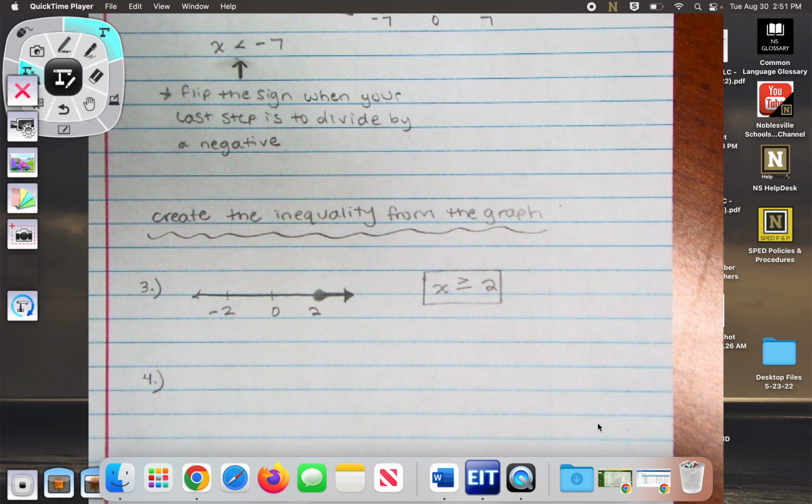X is greater than 3. Where do you find the 3?